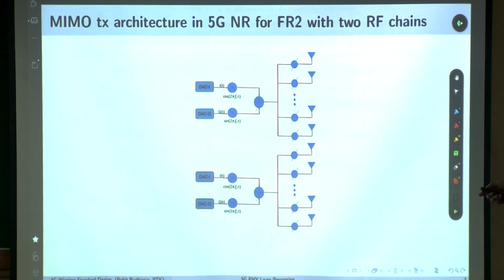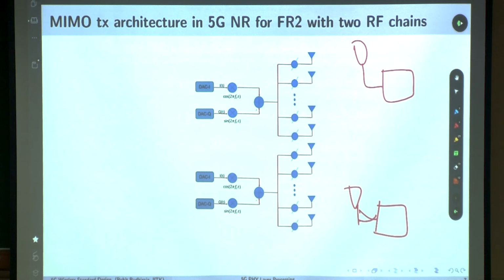What happens here? Now you consider one user who is oriented in this direction, located here, okay, correct? Then you consider another user who is located in this direction. So there is one user, there is another user here, right, okay, correct.